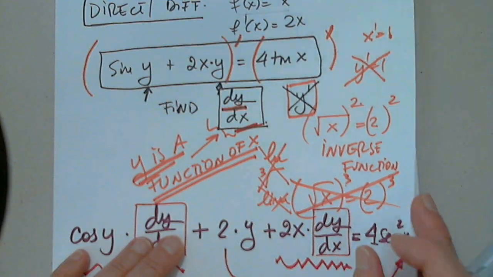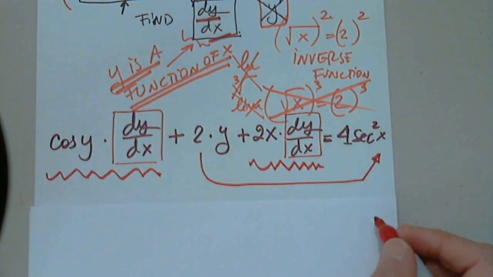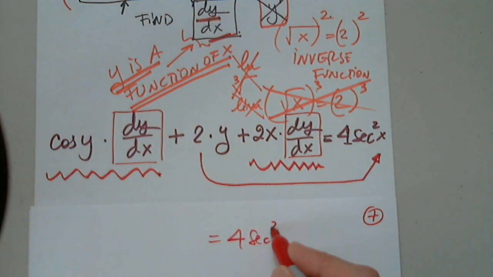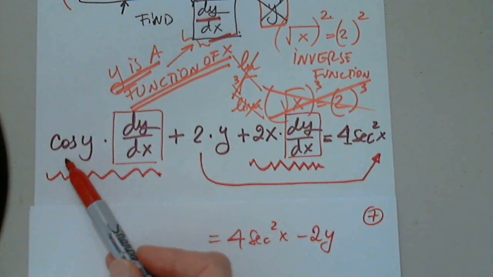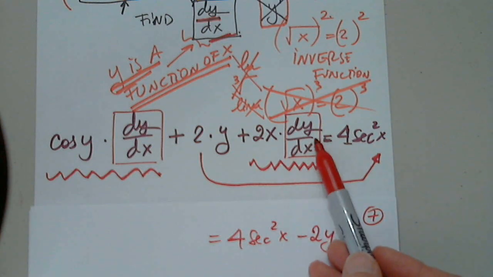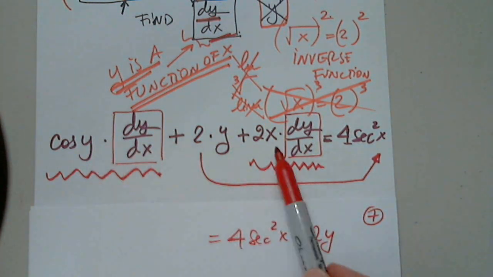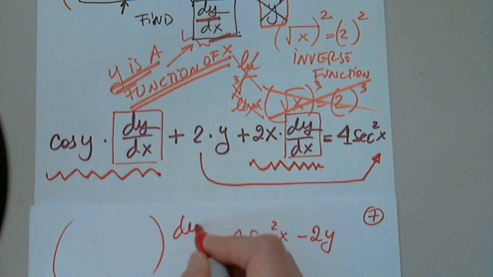What do I do if I cannot combine like terms and they both have the variable that I'm interested in? What should I do? Cosine y and 2x are not like terms. They have a common part. So what should I do if I cannot add them? And I need to solve for dy over dx. What will I do? Factor it out. Of course, thank you very much.